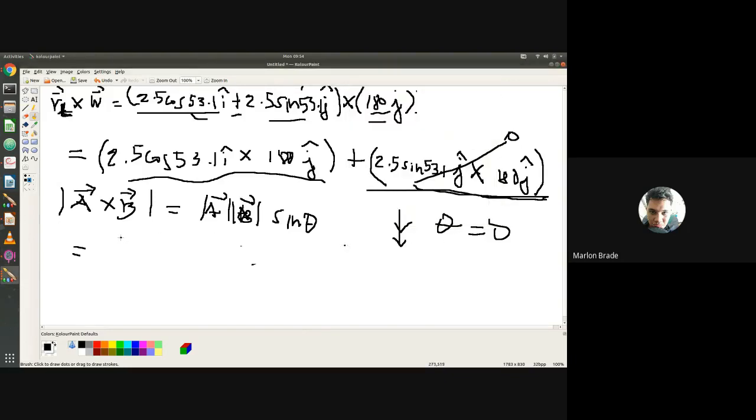So this is 270.2. So the unit ani is N·m. So that is Newton meter. Muna siya ang torque, so ang direction kay along positive k hat. So 270 Newton meter positive k hat.